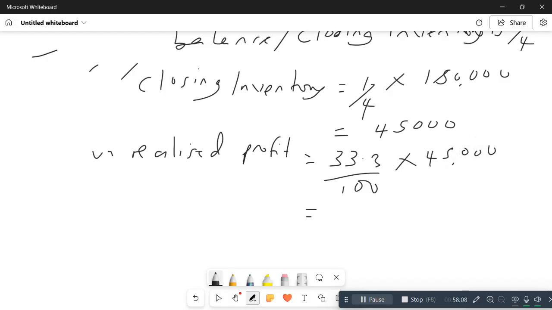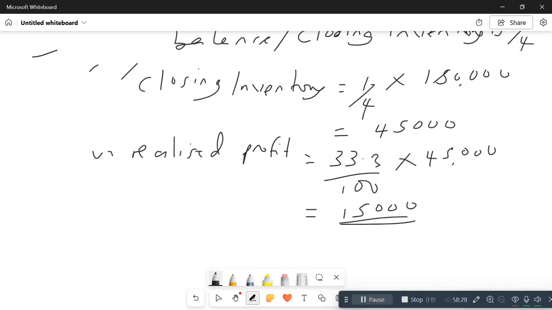And here our unrealized profit is going to be 15 million. This is our interest. Unrealized profit will be 15 million.